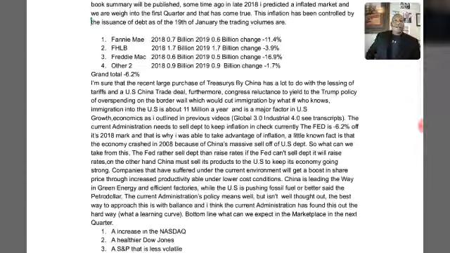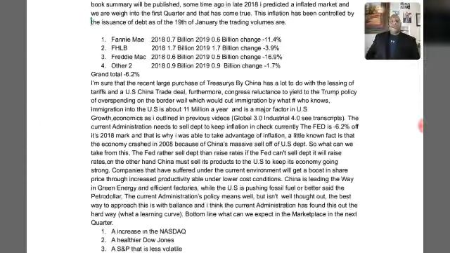China is leading the way in green energy and efficient factories, while the U.S. is pushing fossil fuel, or better said, the petrodollar. The current administration's policy means well, but isn't well thought out. The best way to approach this is with balance, and I think the current administration has found this out the hard way. What a learning curve, ladies and gentlemen.